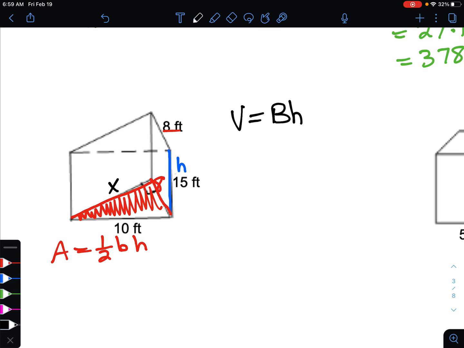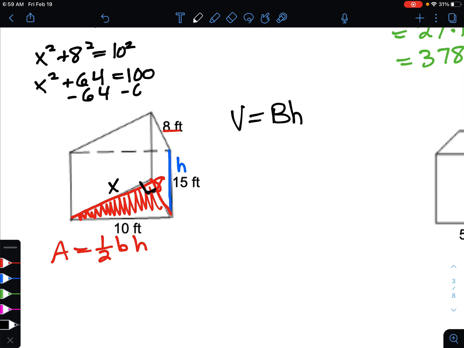In order to solve for x, notice that it is a right triangle, and so to solve for a missing side, we're going to use the Pythagorean theorem. So that would be that x squared plus 8 squared is equal to 10 squared. Simplifying that, we're going to get x squared plus 64 is equal to 100.